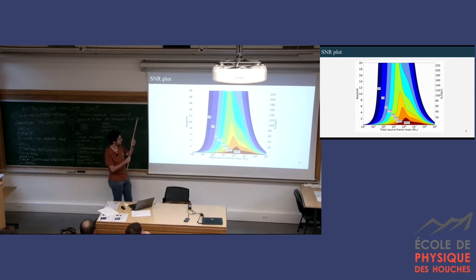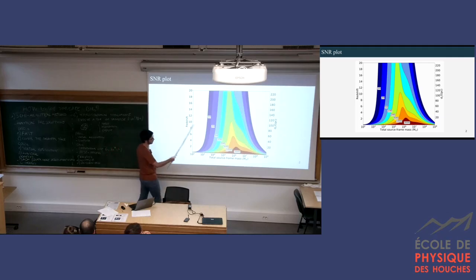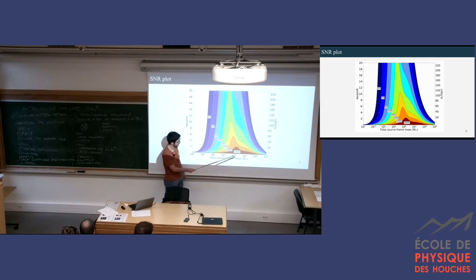So what you're looking at here, probably you have already seen something similar, is the signal-to-noise ratio as a function of redshift and total mass of the binary. This gives you the idea of the typical signal-to-noise ratio with which we can observe massive black holes.